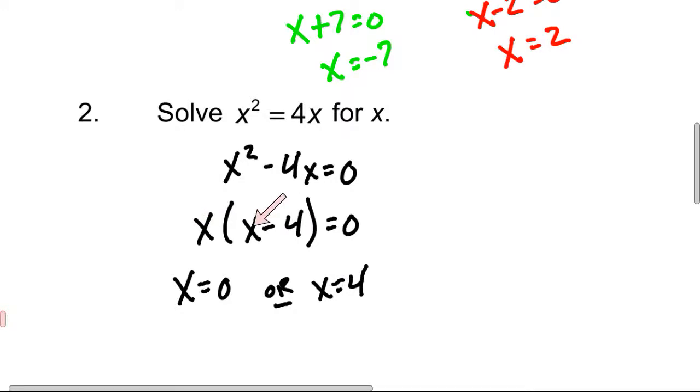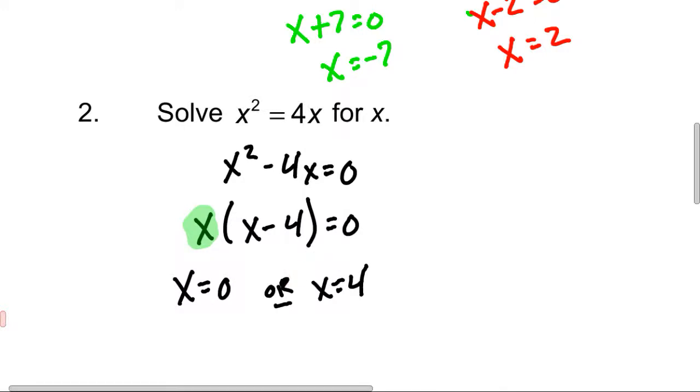X times what gets me x squared? X. X times what gets me a negative 4x? Negative 4. Then, just like before, we ask ourselves, what would this have to be in order for this whole thing to be 0? Well, 0, because 0 times anything would be 0, so that's why x could be 0.